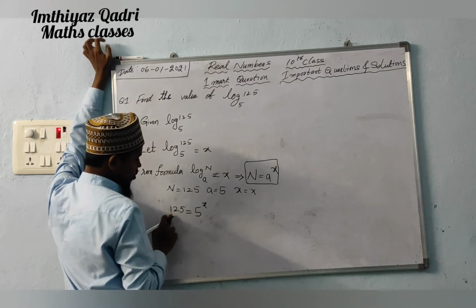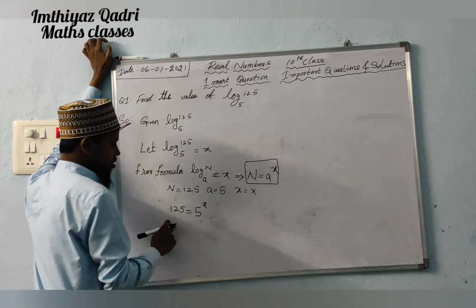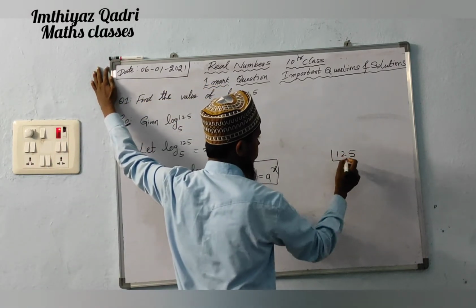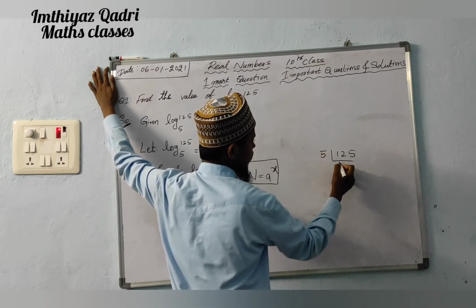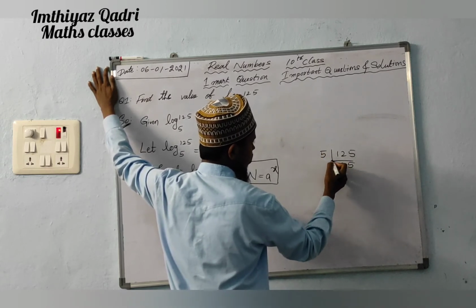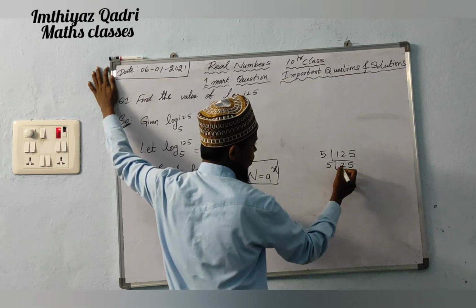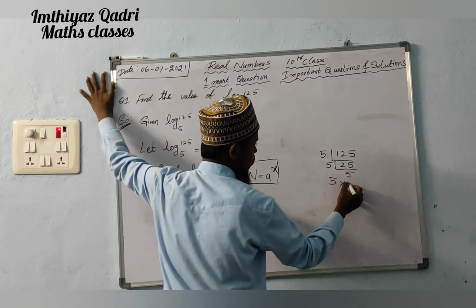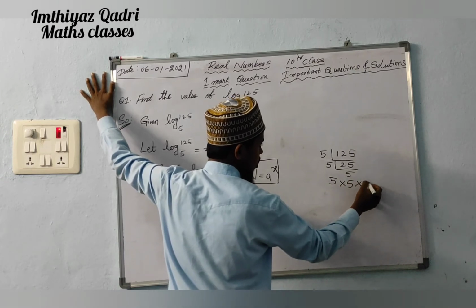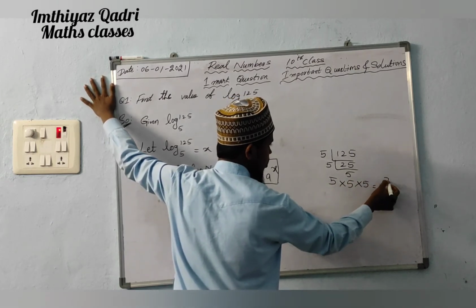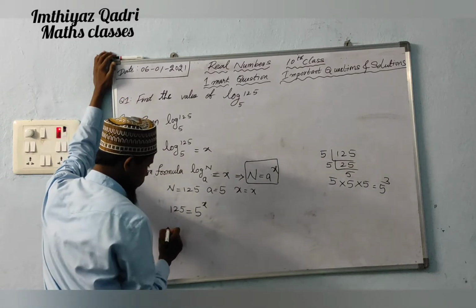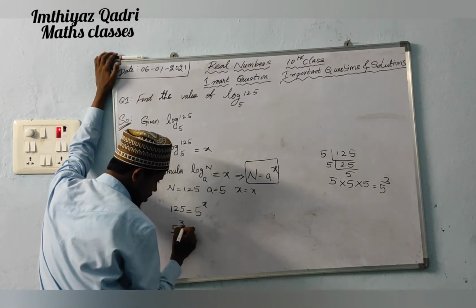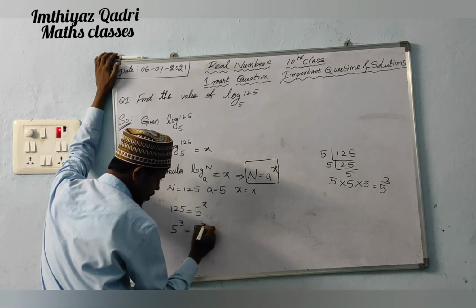Now 125 you write like this, factors of 125: 5, 25, the 125. 5 into 5 into 5 is equals to 5 power 3. Now in place of 125, 5 power 3 is equals to 5 power x.